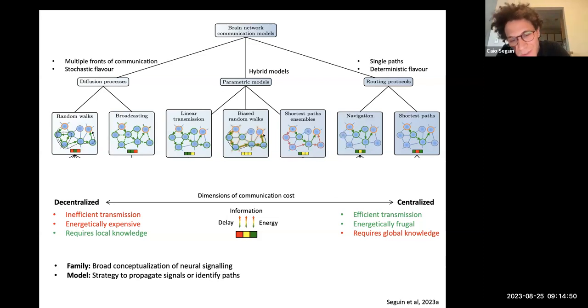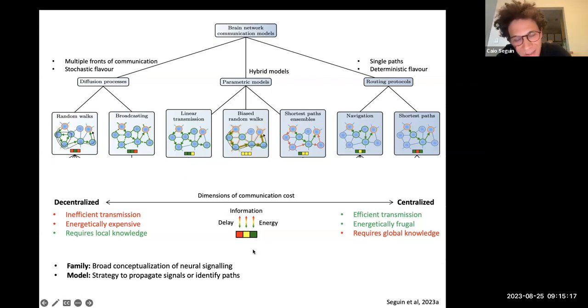And one thing that we thought about is these three dimensions of communication cost. You have the delay, so how efficient your transmission is. You have the energy, so what are the metabolic demands of sending information according to a certain conceptualization of network communication. And you have how much knowledge about the network you need in order to route a signal according to a certain algorithm.